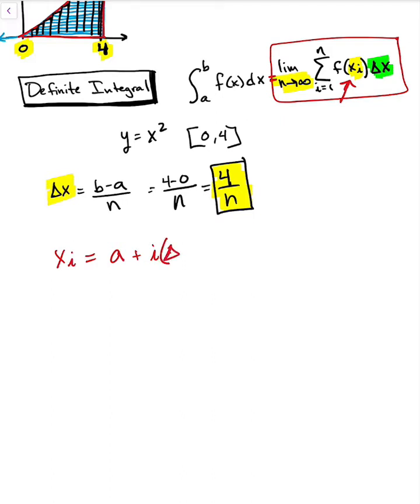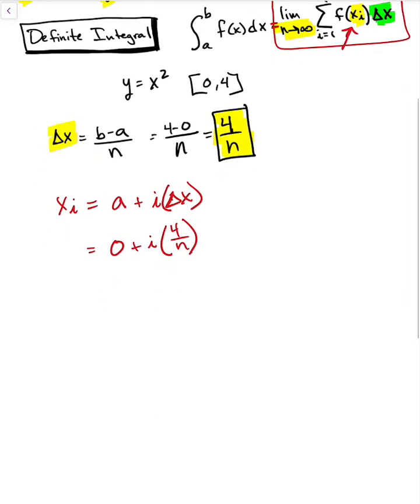Since I know what delta x is and I know what a is, 0, my lower term, plus i times 4 over n. So I'm going to simplify this. This is essentially 4i over n, and that is what my x sub i equals. We'll highlight that in yellow too.